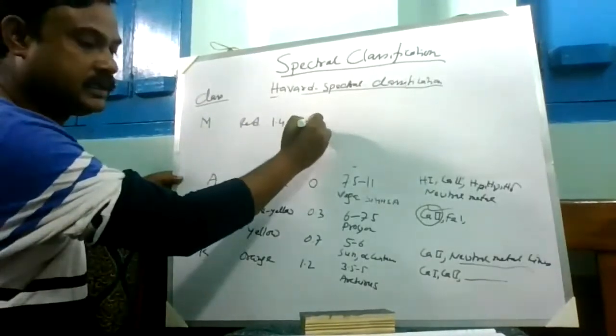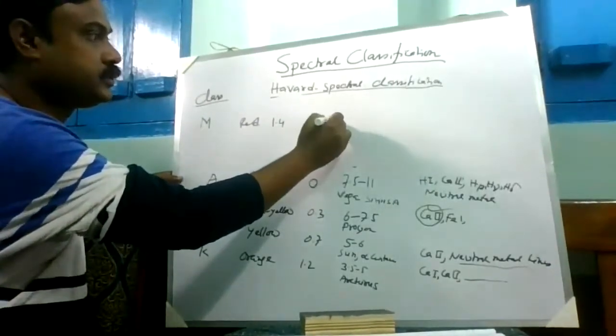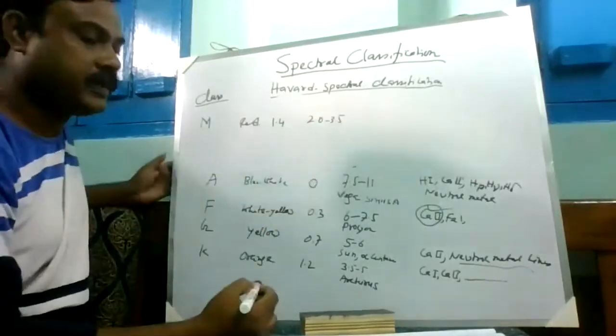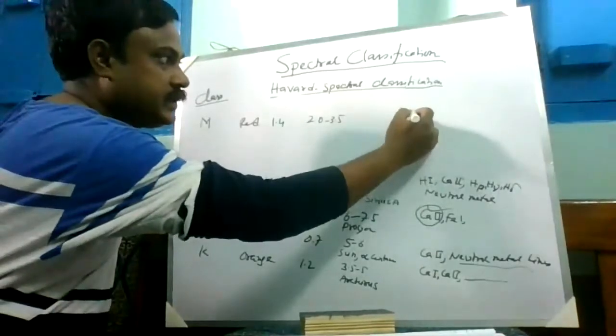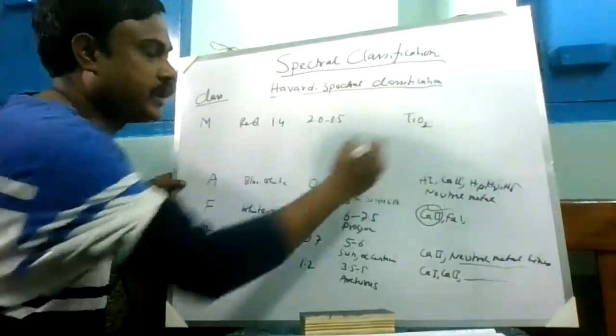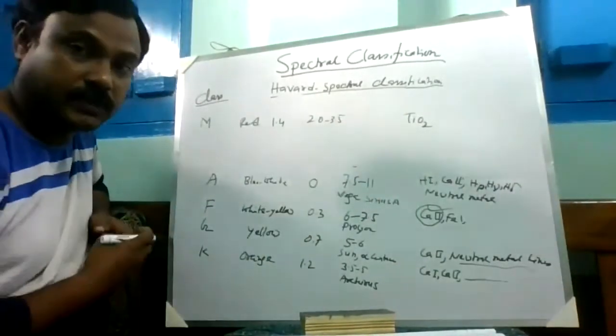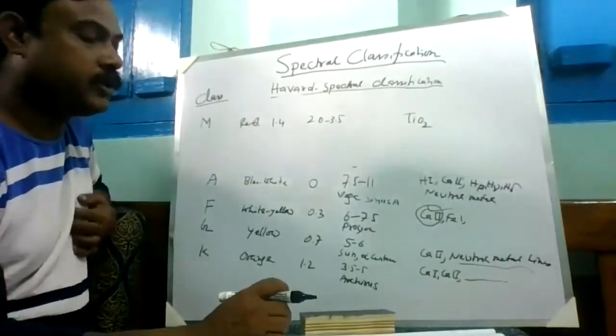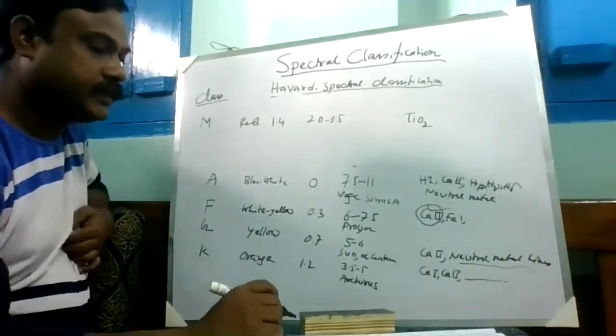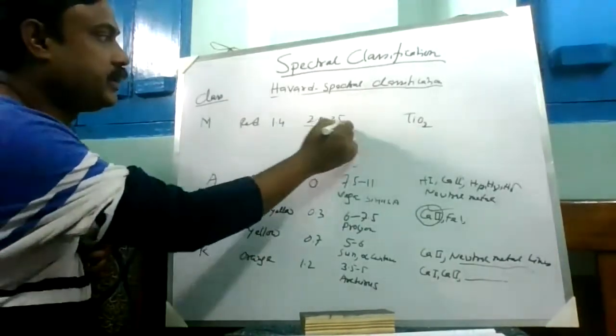Its temperature is 2.0 to 3.5 thousand degrees Kelvin, and its prominent absorption line is TiO2. TiO2 is a molecule. Molecular absorption line is the strongest absorption line. An example of this is the well-known Betelgeuse.